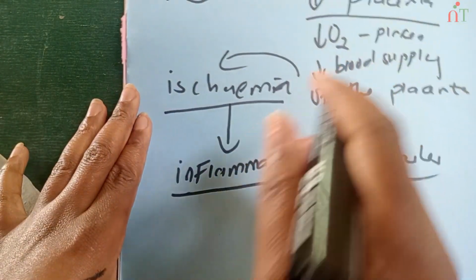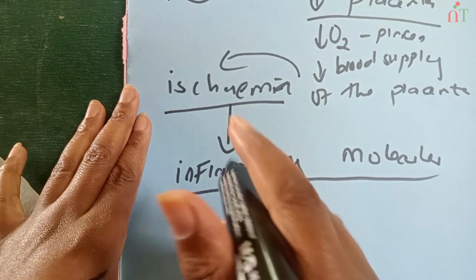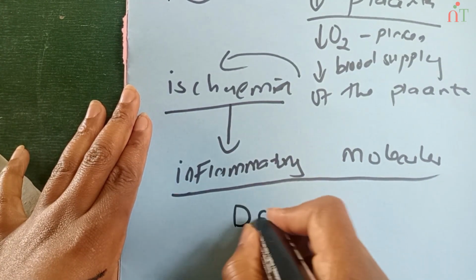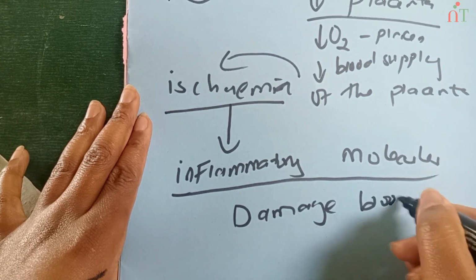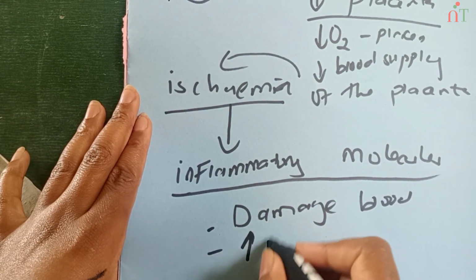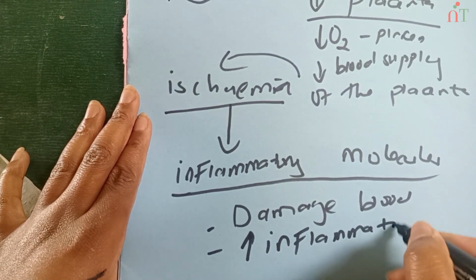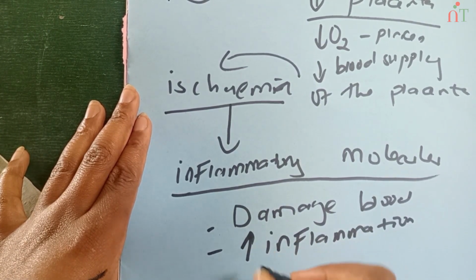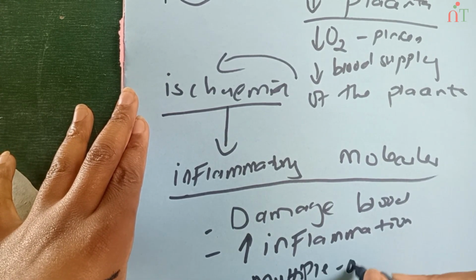And these inflammatory molecules, when they are released, their work is to damage blood vessels, and their work is also to cause or to increase inflammation, and their work is also to cause multiple organ damage.